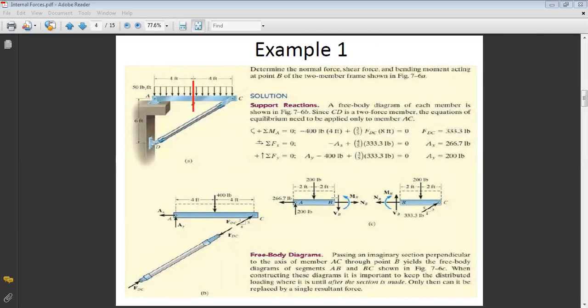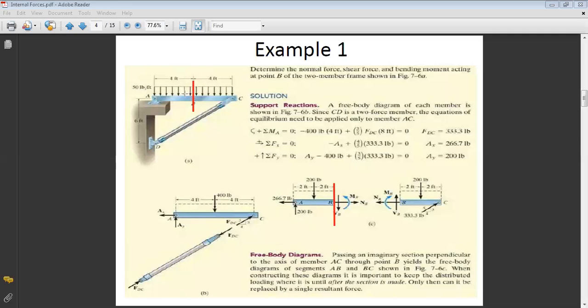Once you do the section at B, you will automatically have 3 unknowns: the normal force at B, the shear force at B, and the bending moment at B. If you also didn't calculate AX and AY, then you will have 5 unknowns and you cannot solve. So in a problem where you want to find internal forces, the first step is to find your external reactions.